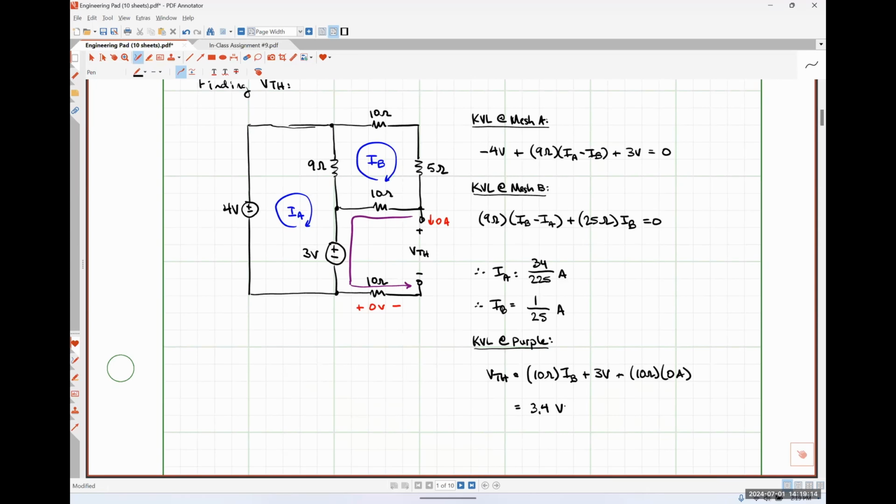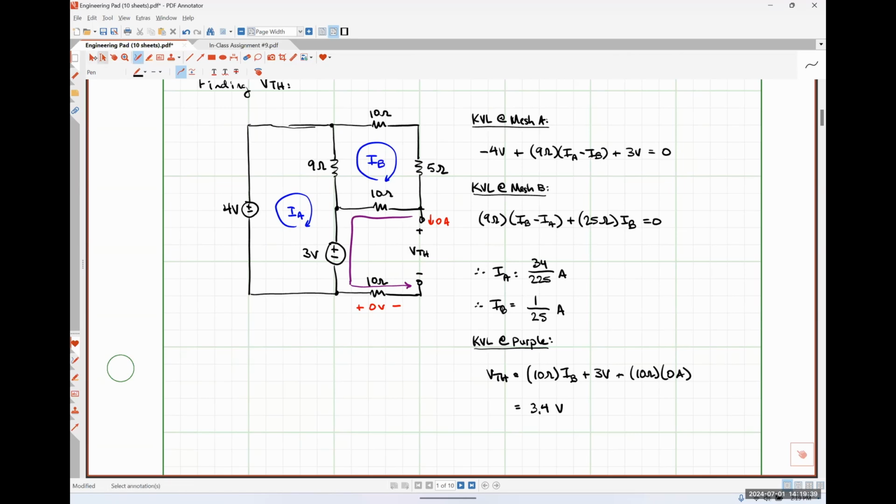So any questions about that particular analysis in order to get our Thevenin voltage VTH? All right. So I mentioned a couple of moments ago that this is not how I would have chosen to analyze this circuit.